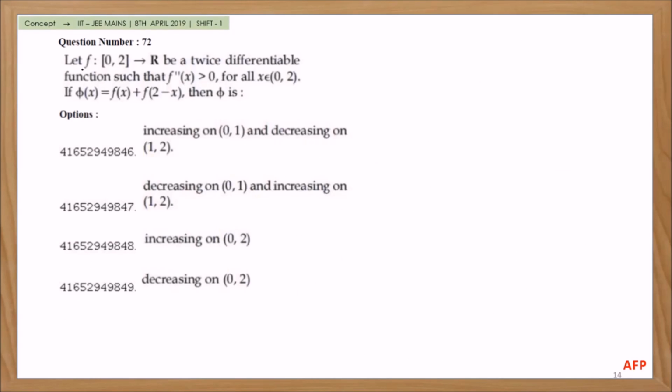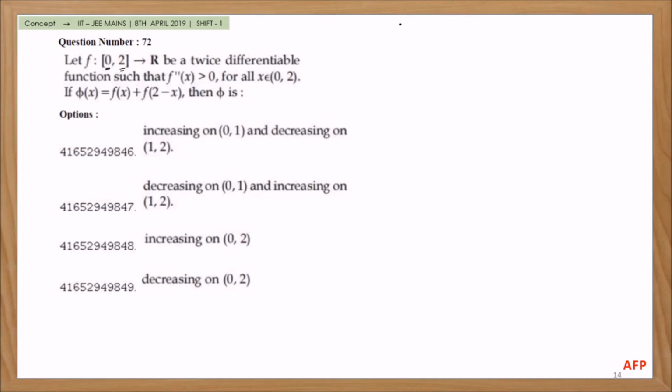Next problem, f from closed interval 0 comma 2 to R is a twice differentiable function such that f double dash of x is greater than 0 for all x belongs to open interval 0 comma 2. If psi of x is equals to f of x plus f of 2 minus x, then the increasing decreasing concept of psi you have to find.